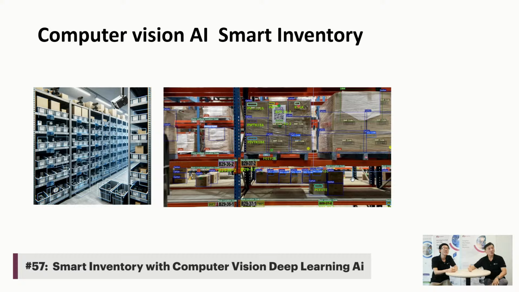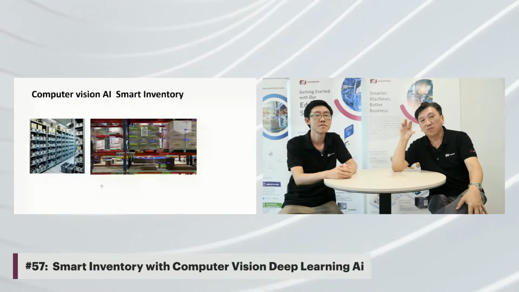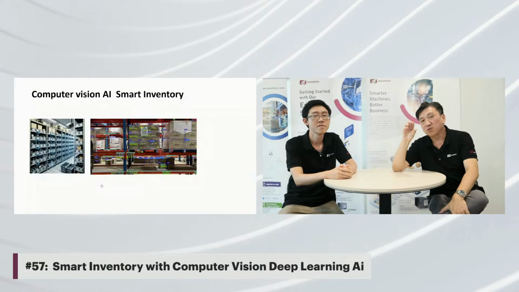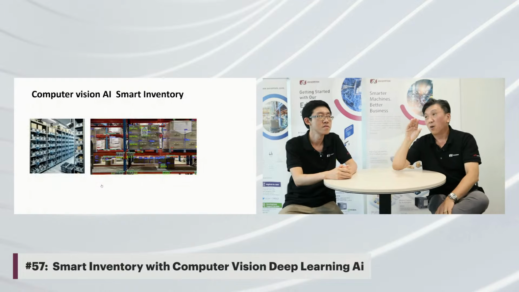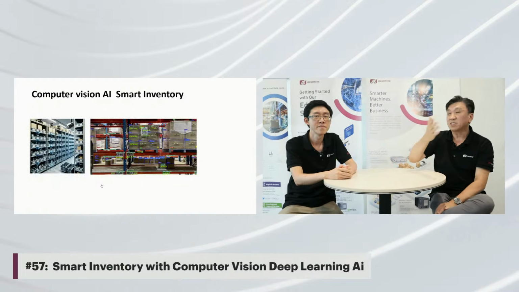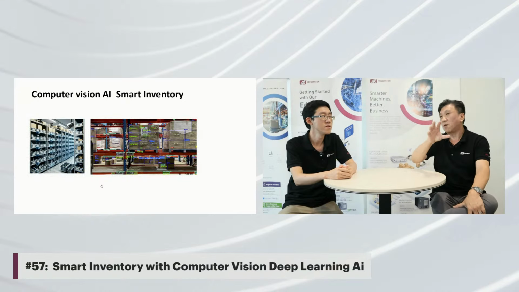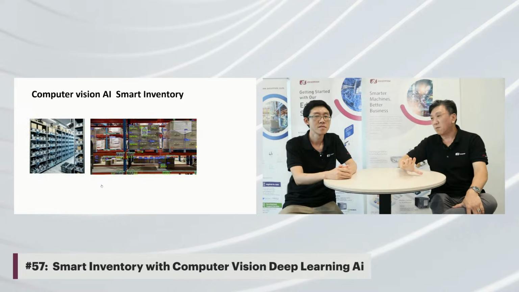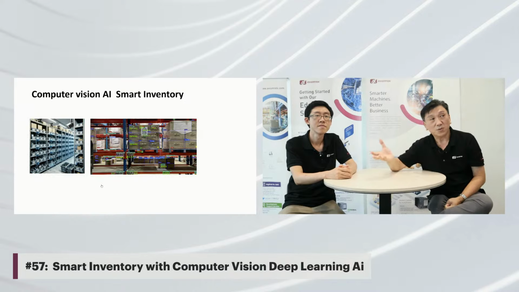Computer vision can also classify what type of product, how many of them, or even OCR the numbering: how many stock for this model you have, how many stock for that you are having.